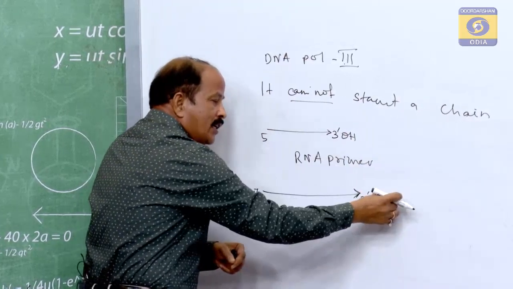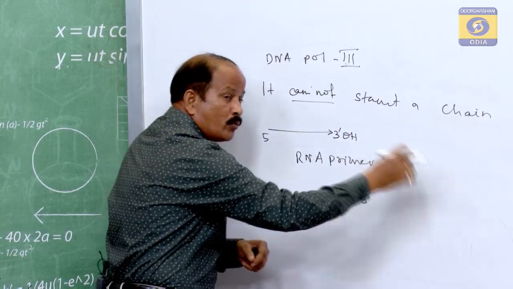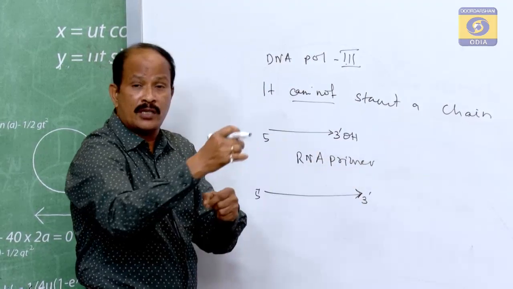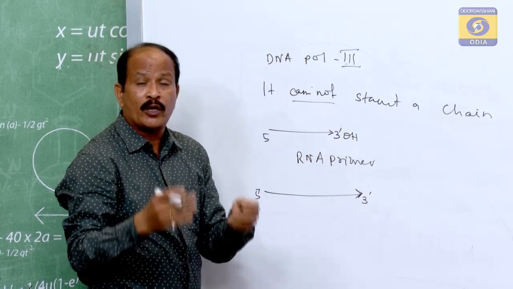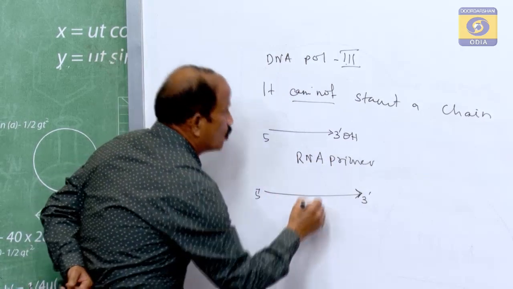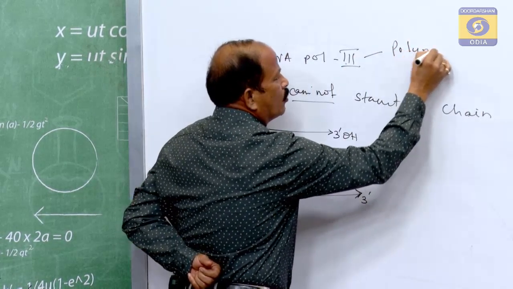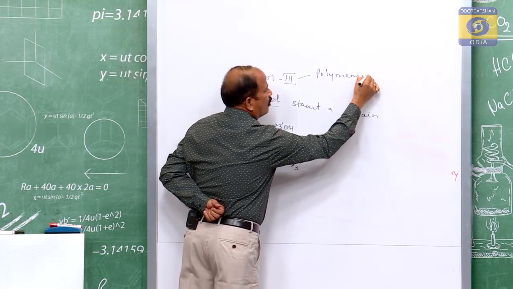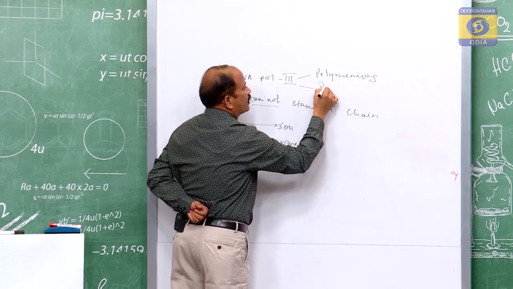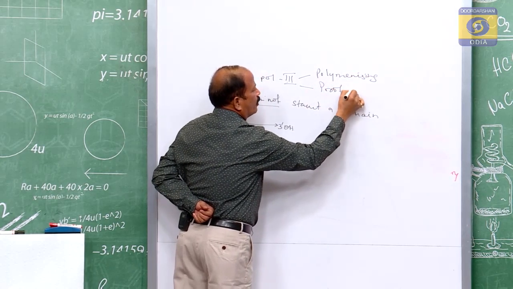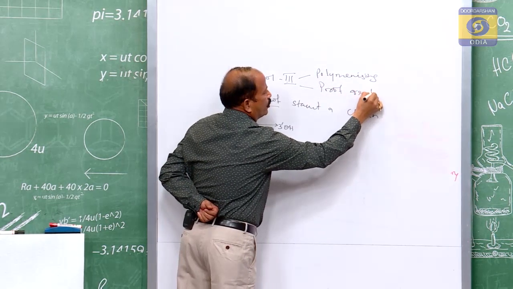So, it removes the wrong base, and again the new base is incorporated. That property is called proofreading property. So, DNA polymerase 3 has polymerization activity as well as proofreading activity.